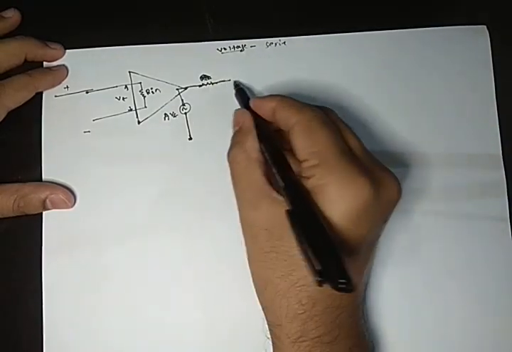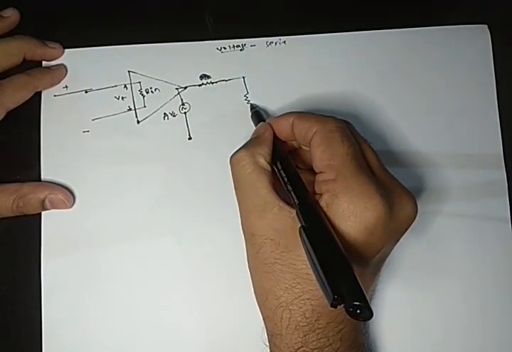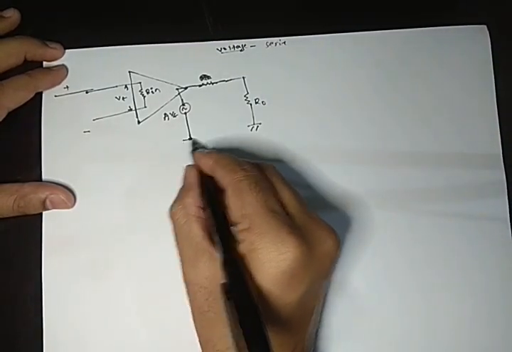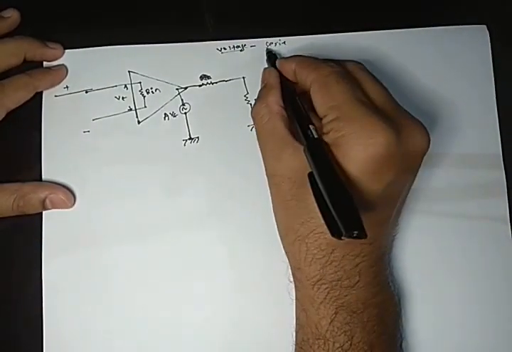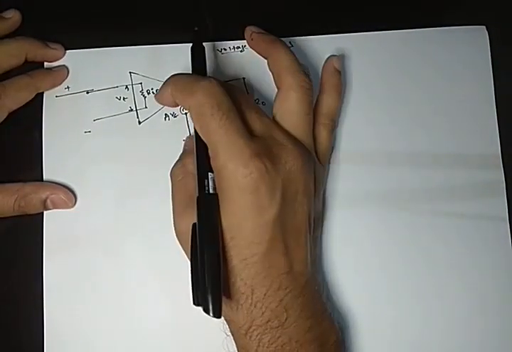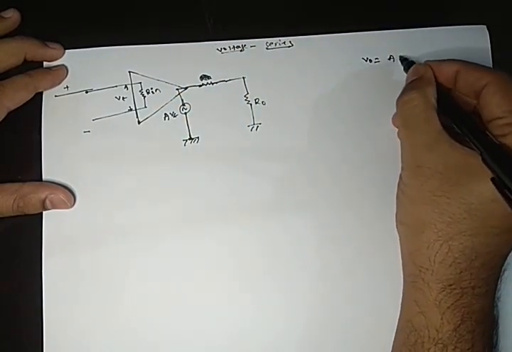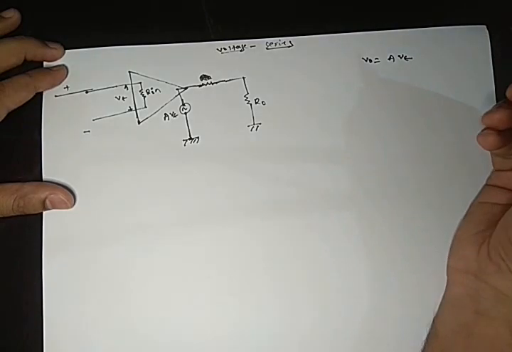Now I am not writing R0 here, I am just making it parallel. And this is your ground. Now this is being tapped. This is the output voltage. Output voltage is nothing but A into B epsilon.